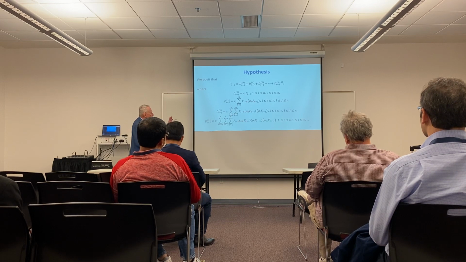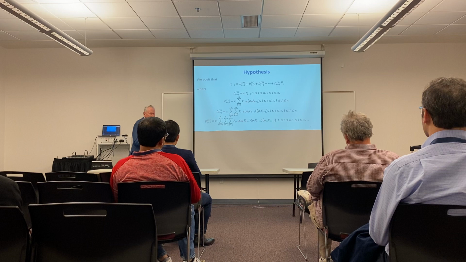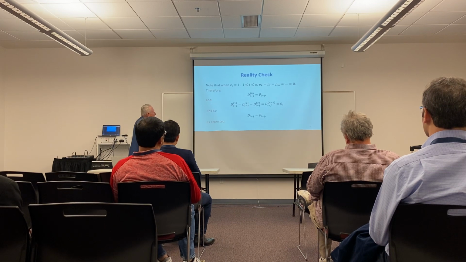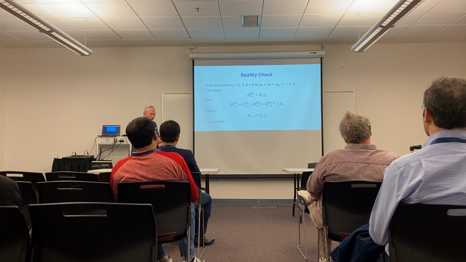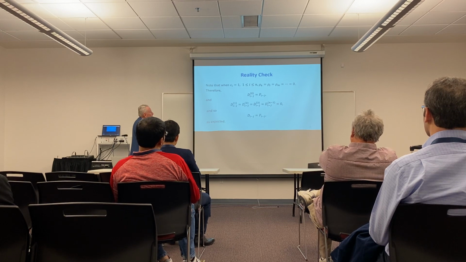And as we always do in logic, we want to test the hypothesis, validate, verify. So first, as a reality check, we note that for a black enclosure with a black gas, if you will, the emissivity, well, in fact, there's no gas in this because it's surfaces, but the emissivity of all the surface elements is 1, and the reflectivity is 0 for all of them.